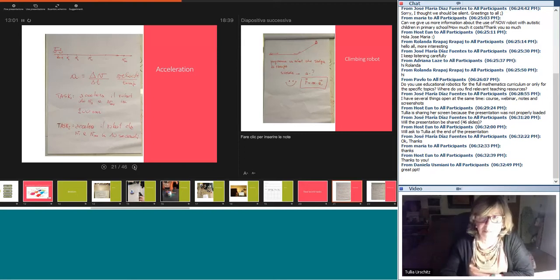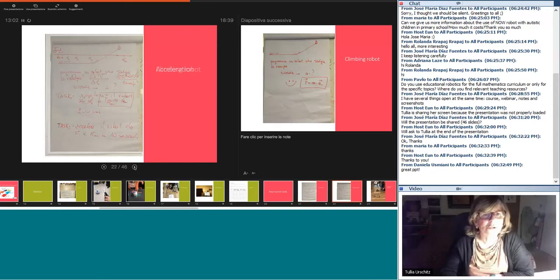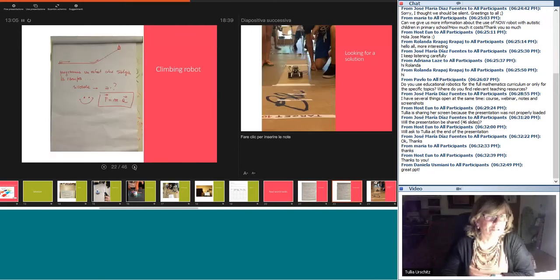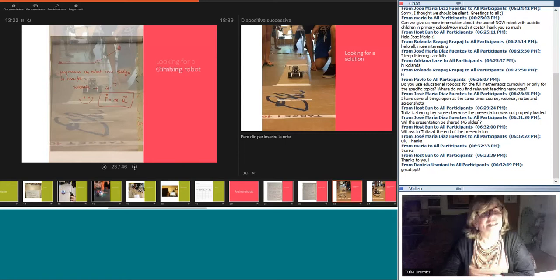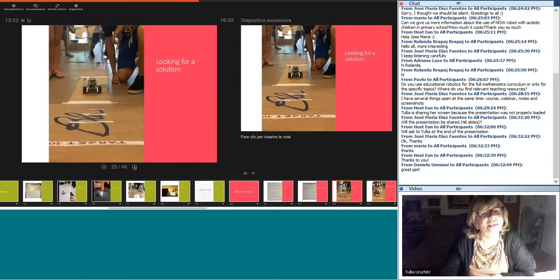It's really very powerful. And if you wanted to move more on real world tasks, you can ask to make the robot climbing. And so the difficulty is increasing, and they have to find which is the best way to make the robot climbing a slope.